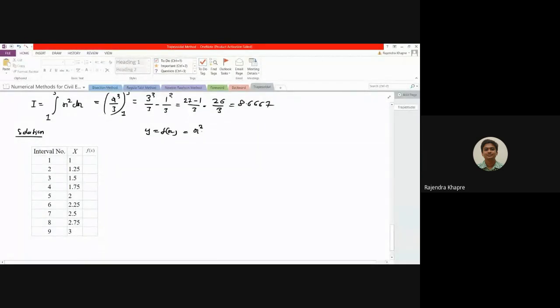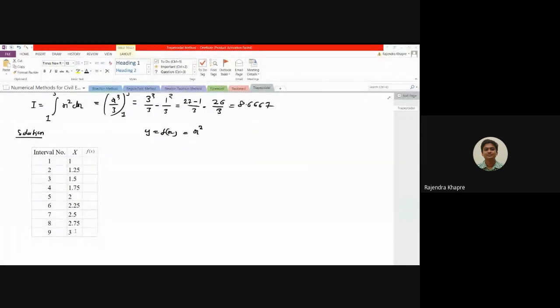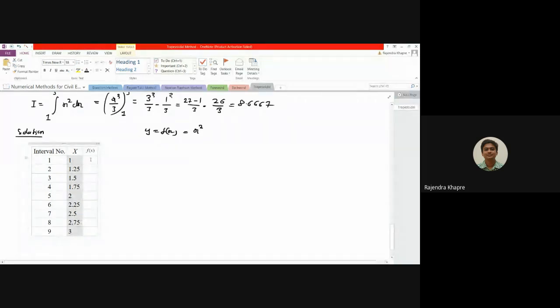So all we have to do is write down the square values. Is it done? Anybody?